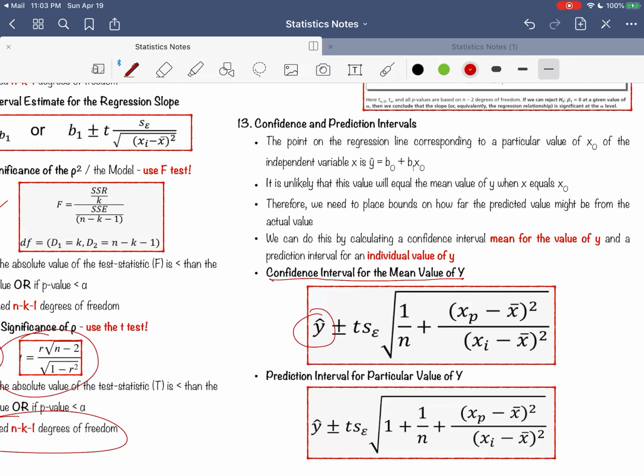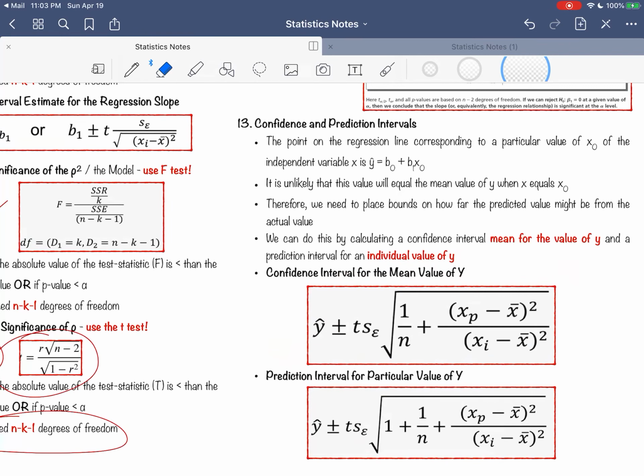So if x is 40, one time y could be 10, another time y could be 11 or 12 or 9 or somewhere around there. If you're looking for the average of those numbers, the interval for the mean value of y is going to look like this. You're going to have your estimate plus some sort of margin of error.